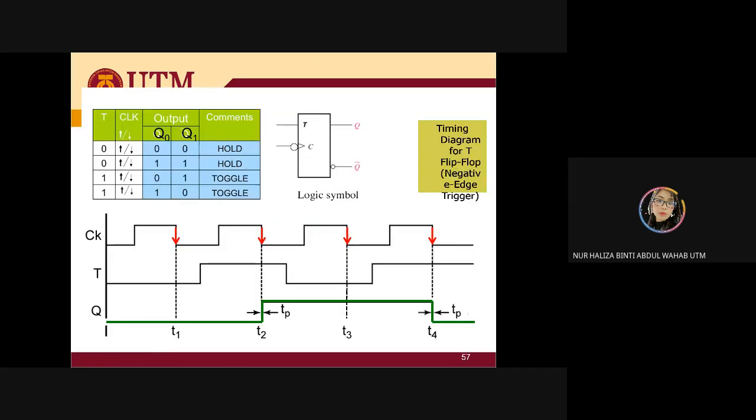And you have this table. If you have zero, you're going to have hold. All hold means no change. When you have one at your T, it will be toggle.